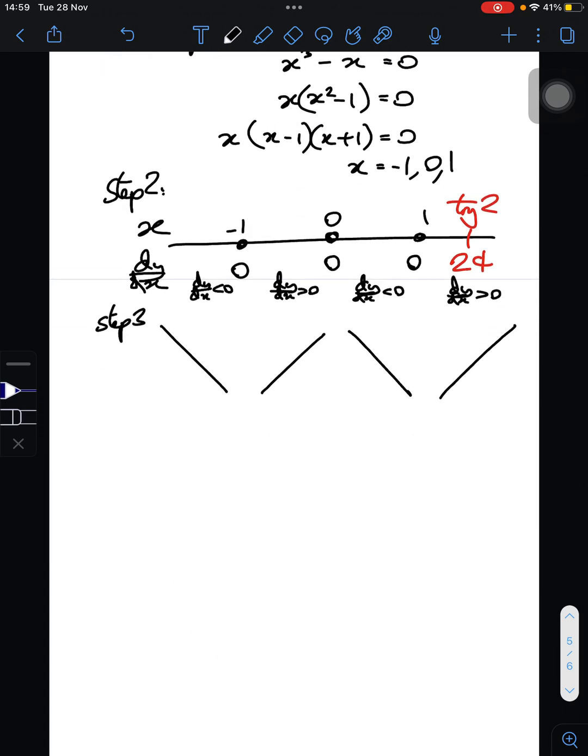Well, we can assume that these points here, that's going to be a minimum, that's going to be a maximum, and that's going to be a minimum. The one thing that we can't be sure of is whether, as I said, there isn't a stage where we're not going less than 0, we're going on an inflection like that.